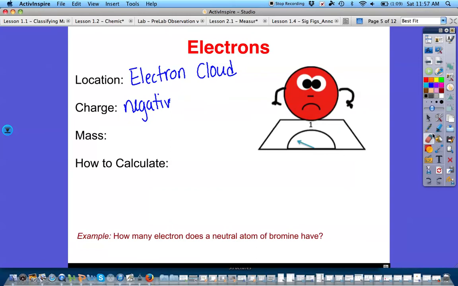So for the purposes of this class, we are going to say that the mass is approximately 0 AMUs. To determine the number of electrons in a neutral atom, it is equal to the number of protons.